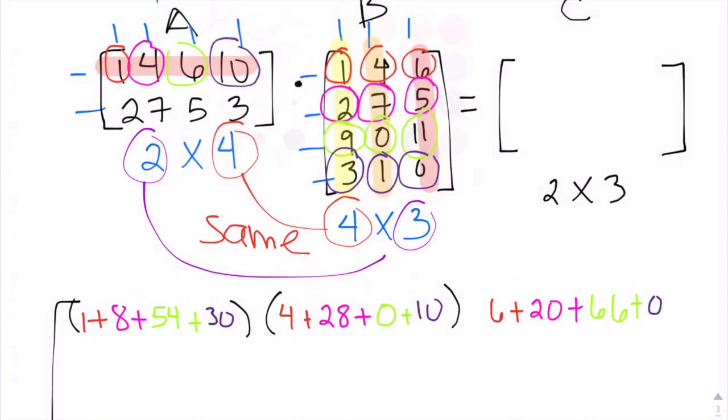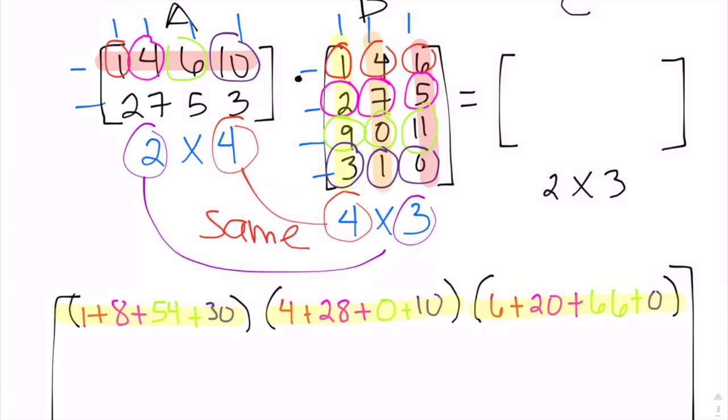And then I'm going to put parentheses around that. And then that's going to be where the end of our matrix would be because we've gone through all 3 of our columns. Now we have to do this for the second row of matrix A and all 3 columns of matrix B.